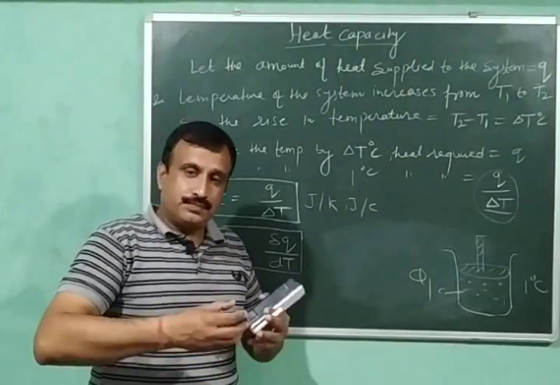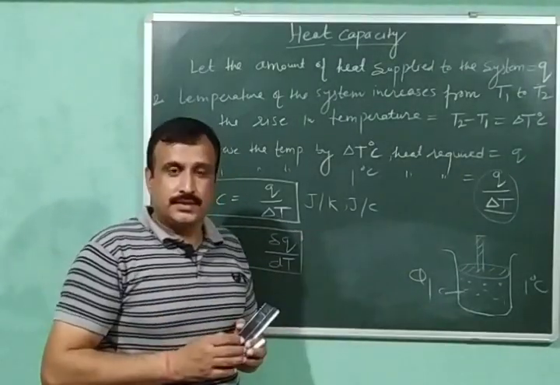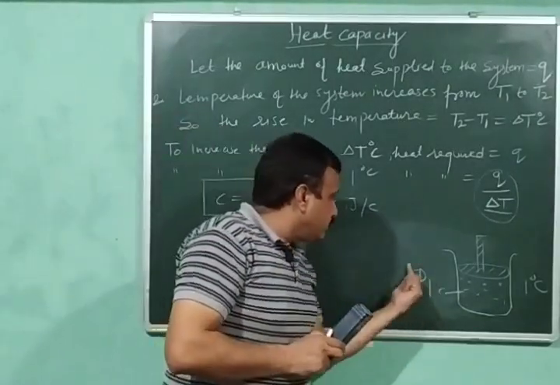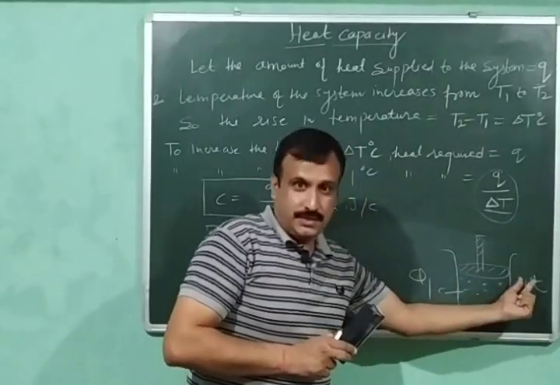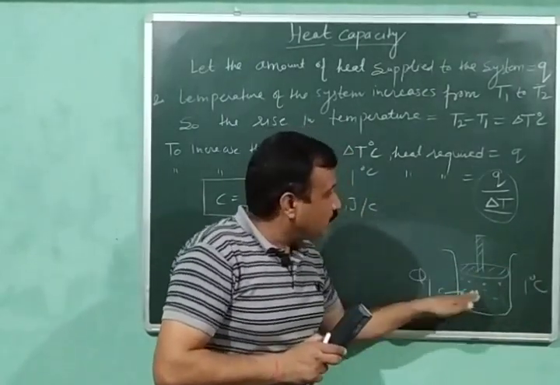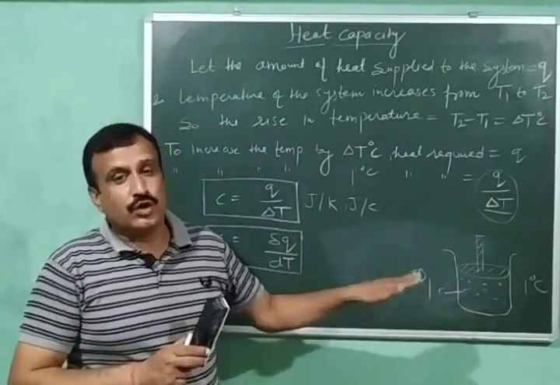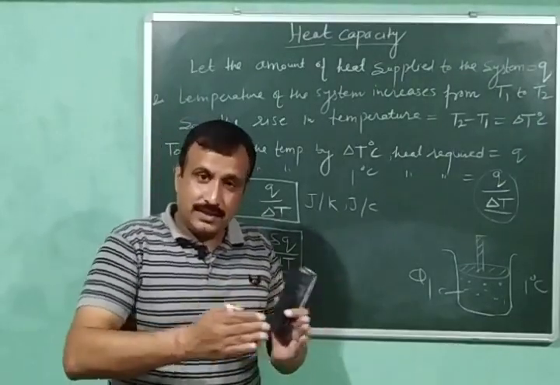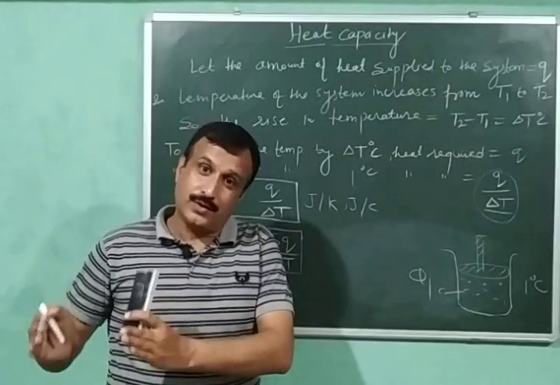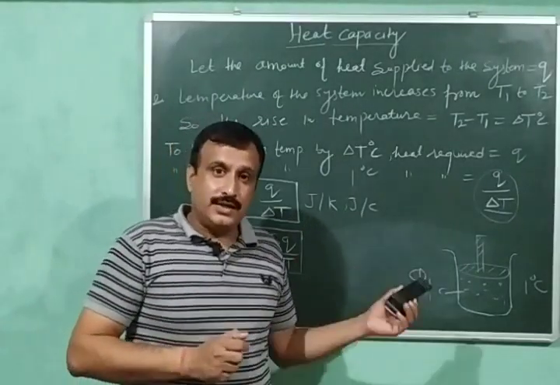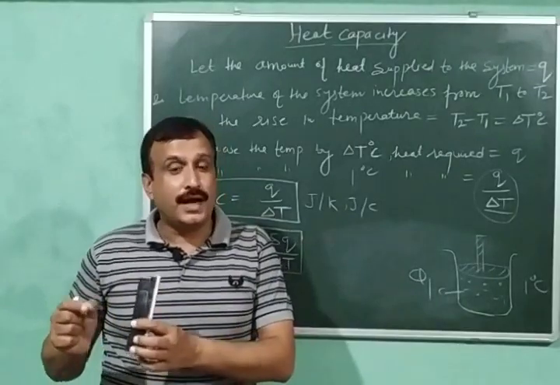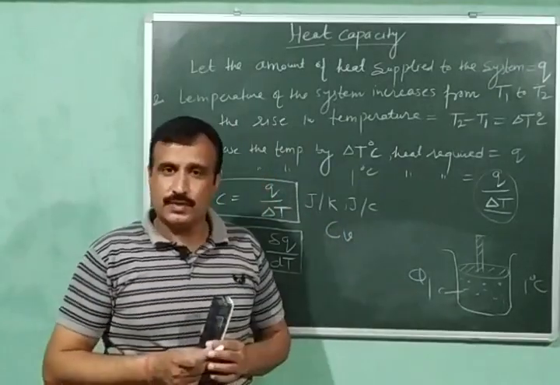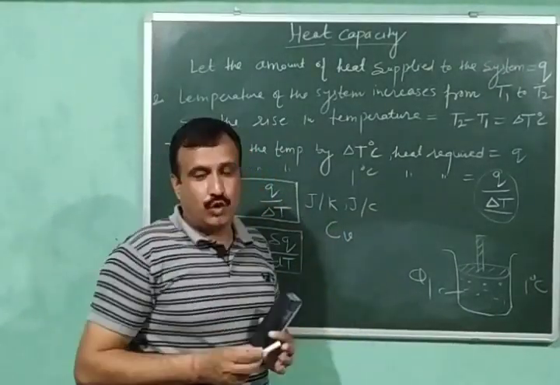During this process I will keep the volume constant. That is, when the heat is absorbed and the temperature increases through 1 degree Celsius, the volume of the gas will be kept constant. The gas won't be allowed to expand. So here the path is that this process is carried out at constant volume, and the heat absorbed is called heat capacity at constant volume, represented by the symbol Cv.